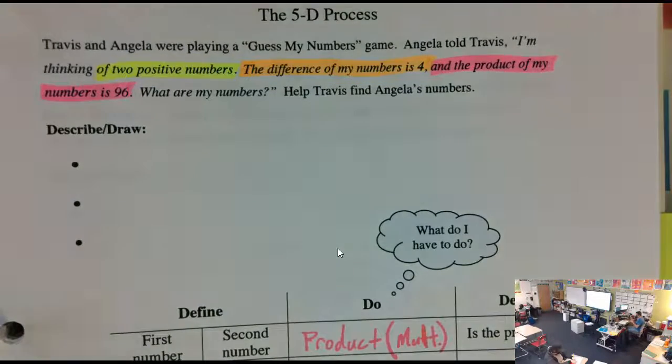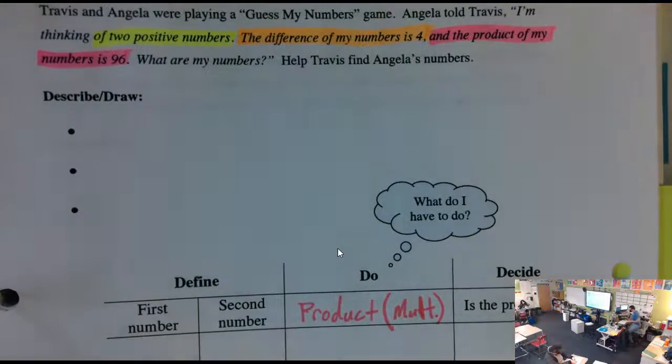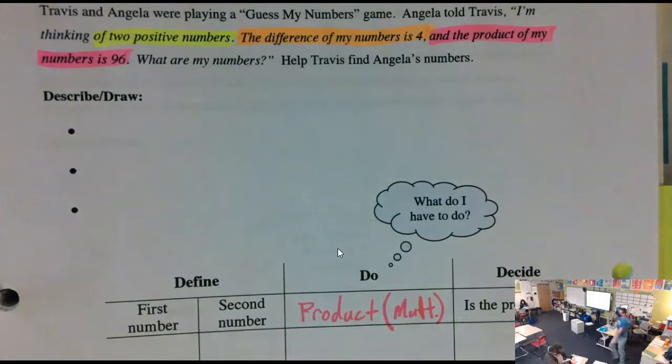So you might write a little reminder in your do. Right here, we're writing down the mathematical of what we hold.